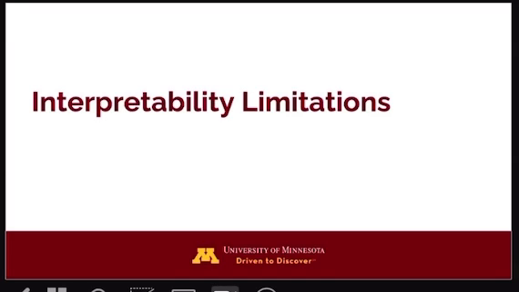Another reason why interpretability has a limitation with principal component analysis is what I'm going to call the abstractness of principal components. Let me tell you this. Principal components are not the real factors. They are abstract. They provide us the direction of the high dimensional data set.